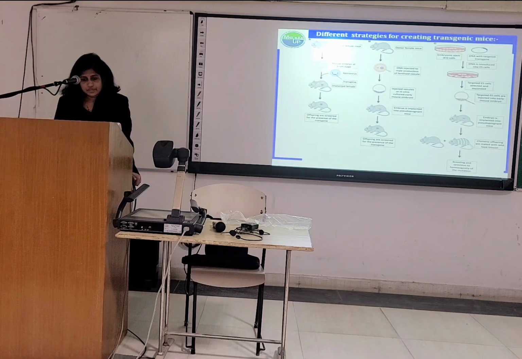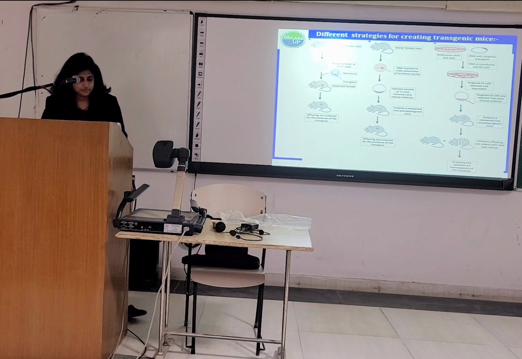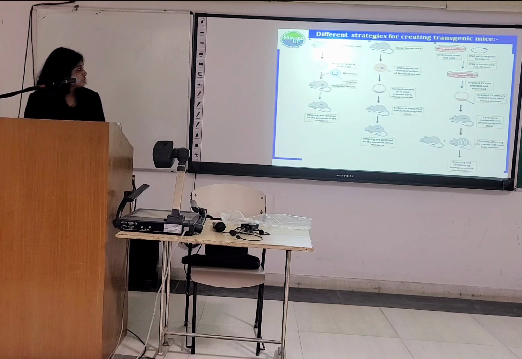There are several ways of creating the transgenic animals, several ways of inserting the DNA into the genome of mouse. These approaches are, first is retroviral approach. It is not routinely used. Second is standard transgene approach, and third is called gene targeted transgene approach.